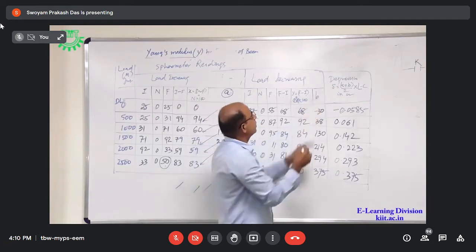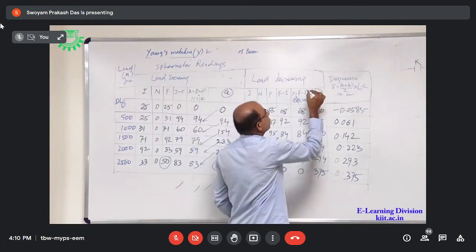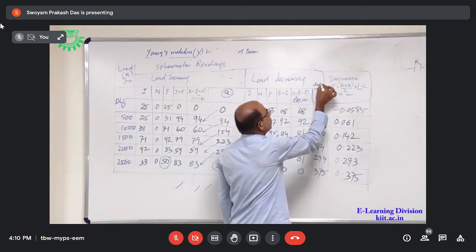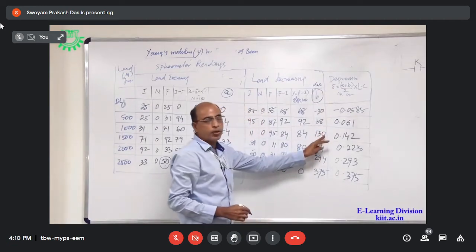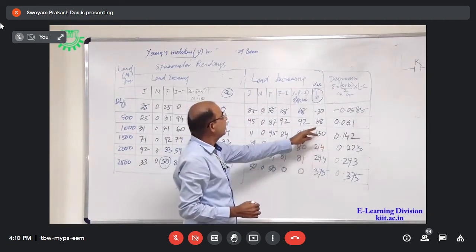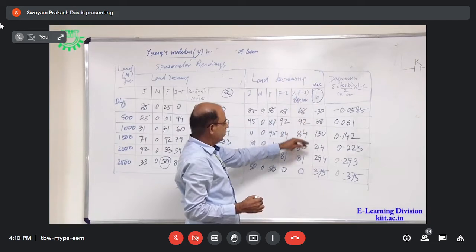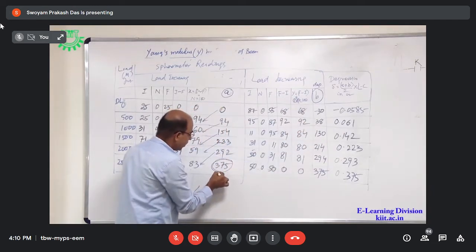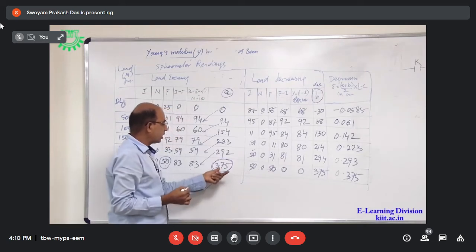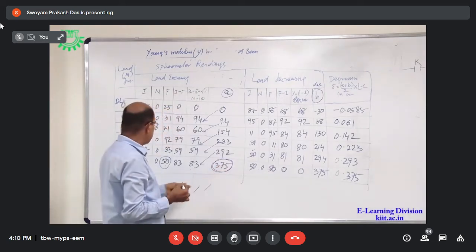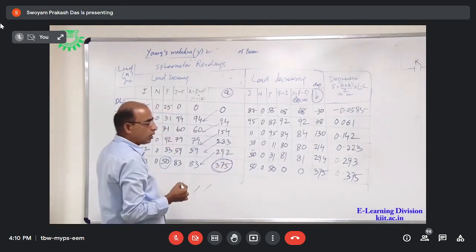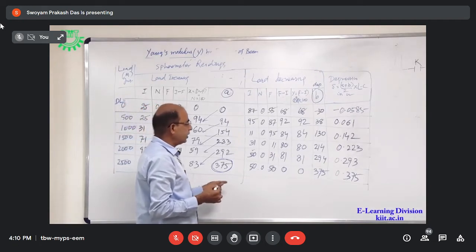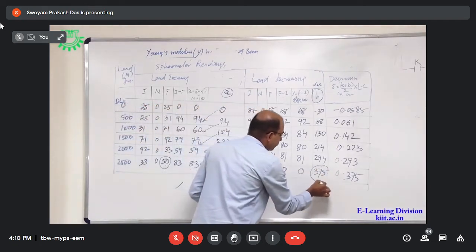And this is the value of depression, in terms of number of divisions on the circular scale after the load is removed. You can see this last value, when the depression was 375 divisions on the circular scale when the load was 2500, will be entered here.